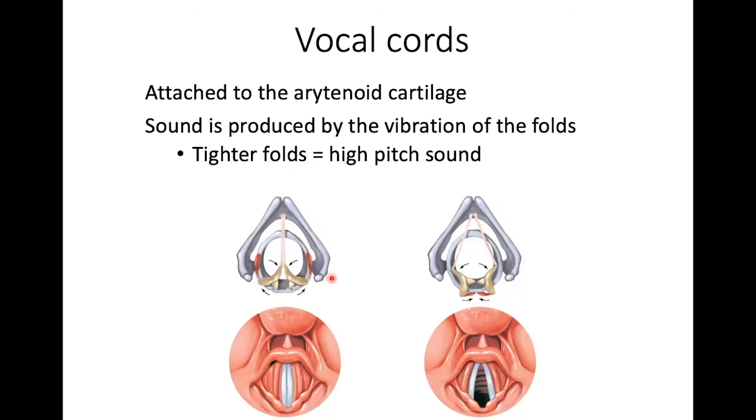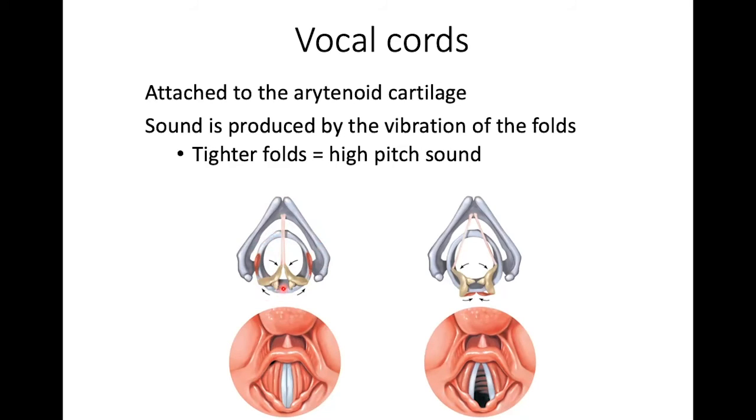So here we are looking from a superior to an inferior view. Okay, so we're looking top down. You can see here we have the thyroid cartilage. Remember, the thyroid anterior prominence is known as the laryngeal prominence, and we know it is open in the back. So this must be the posterior surface and this must be the anterior surface. This ring-like structure, that is the cricoid cartilage.